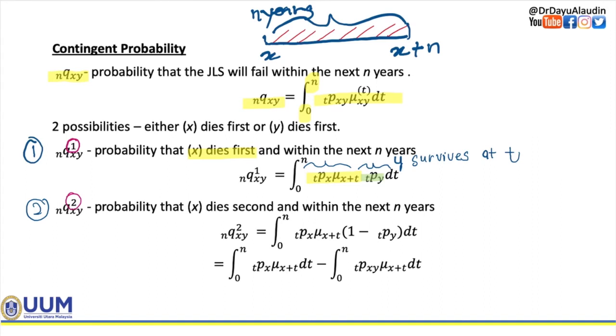However, we assume that Y has already died at time T. So we expand this equation and it becomes this is NQX and this is NQXY1.